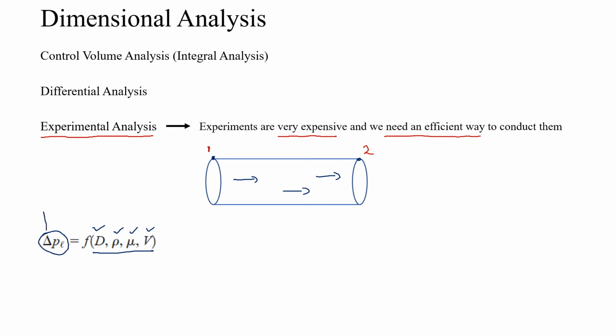So this is the dependent variable. It is dependent on the diameter, viscosity, density, and velocity of the fluid, and these are the independent variables. For a thorough experiment to see the effect of the diameter, the density, the viscosity, and the velocity on the pressure drop per unit length, we need to fix 3 variables.